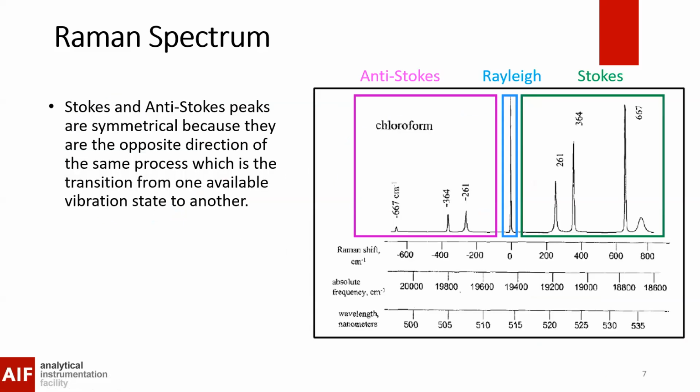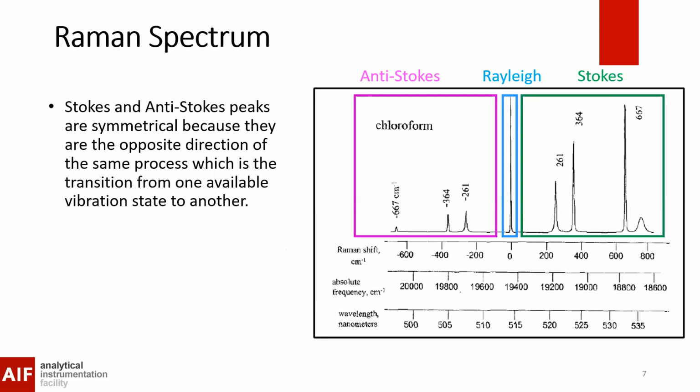And in a typical Raman spectrum, both Stokes peaks, which means the photon carries lower energy than the incident radiation, and anti-Stokes peaks are observed. They are actually symmetrical because they are the opposite directions of the same process.